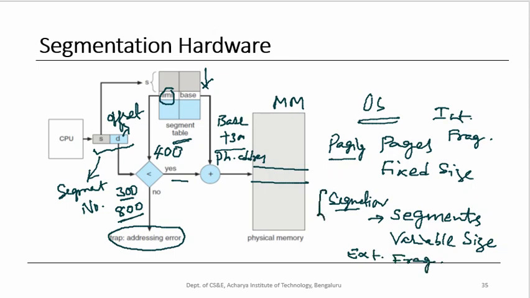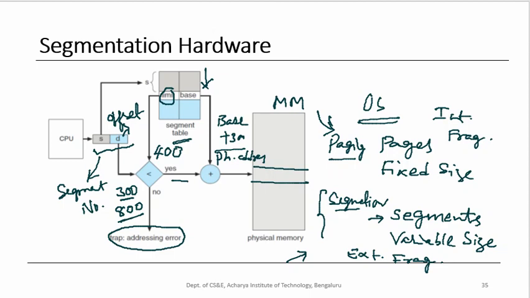The segmentation approach is closer to how the user looks at a program. He looks at a program as a code segment, data segment, stack segment, etc. Whereas in paging, the user's view will be completely different from the actual physical memory view.